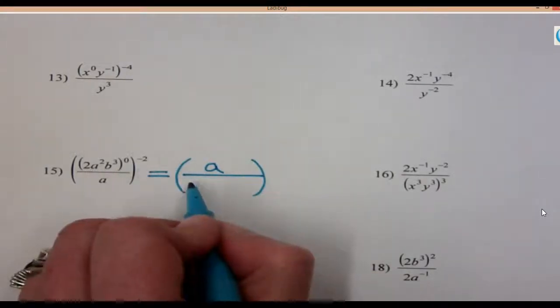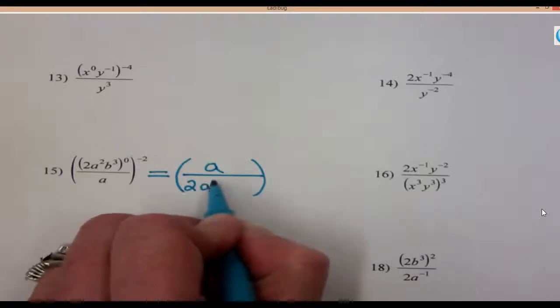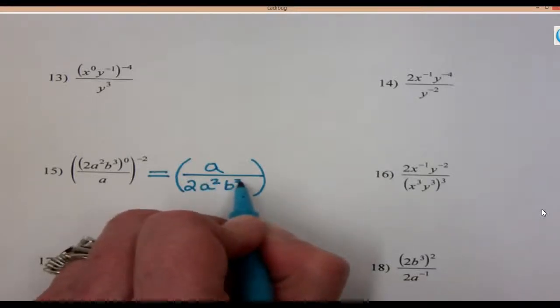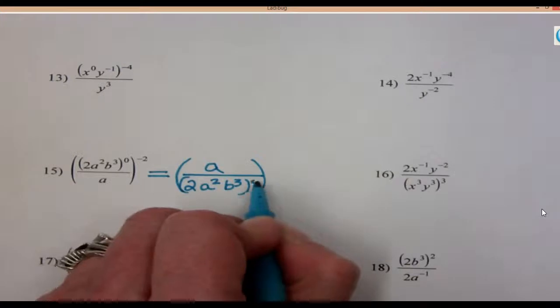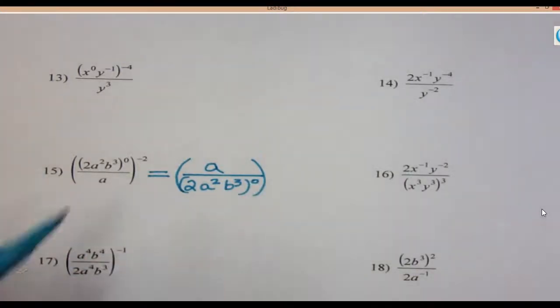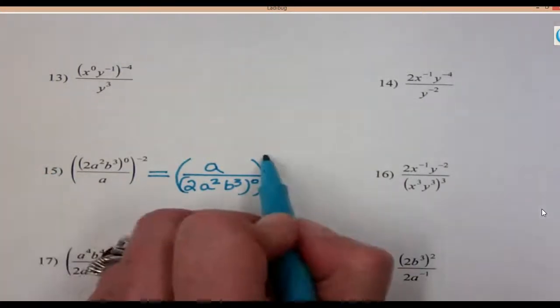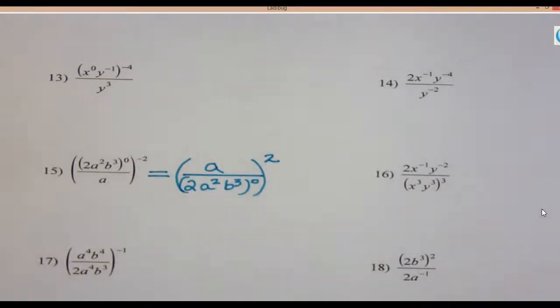And this mess, 2a squared b to the 3rd, all raised to the 0 power, is going to go on the bottom. So now I've gotten rid of the negative, and everyone's on the right side. Everyone's back where they belong.